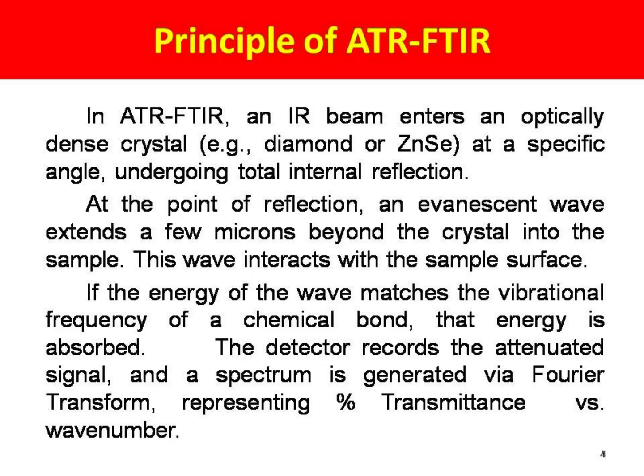This wave interacts with the sample surface. If the energy of the wave matches the vibrational frequency of a chemical bond, that energy is absorbed. The detector records the attenuated signal and a spectrum is generated via Fourier transform, representing transmittance versus wave number.